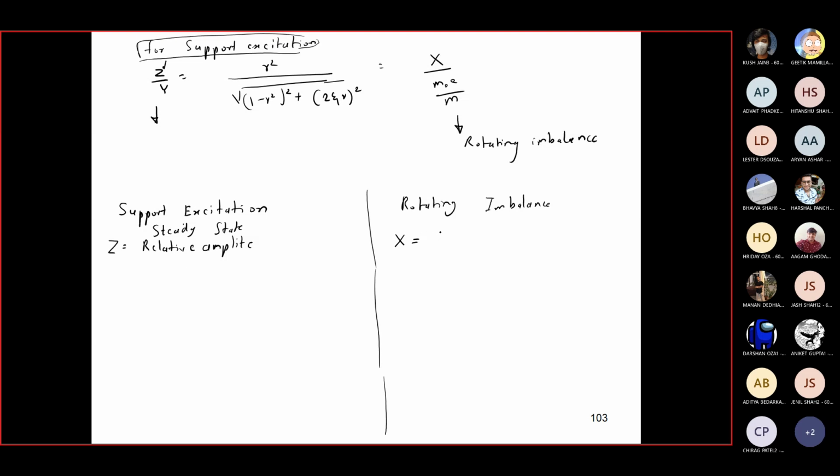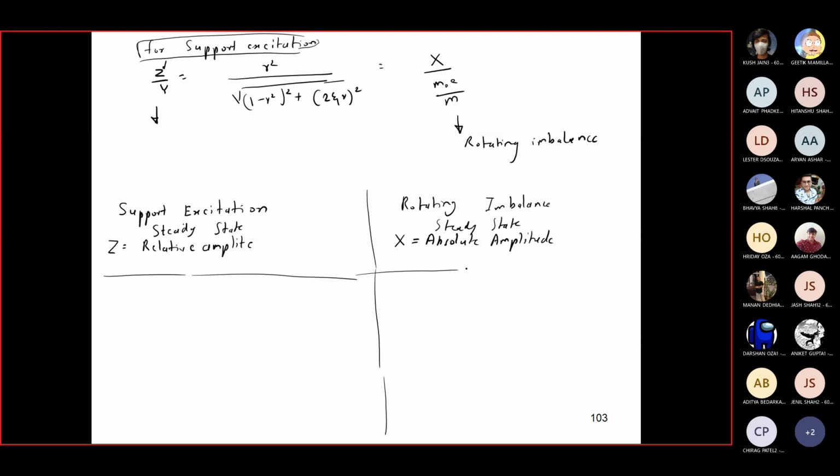And what is X? Steady state amplitude. Steady state, but it is an absolute amplitude. Right? It is the absolute amplitude at steady state, or I can say it is the steady state absolute amplitude. Okay?